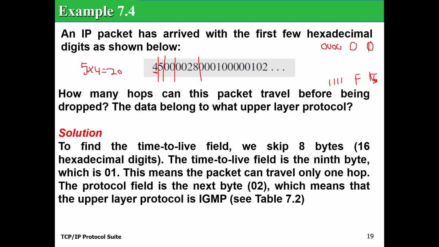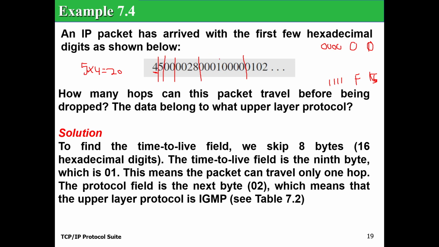Then after that, the next 32 bits are for what? So this is 8 plus 8, 16, plus 8 plus 8 up to here. So this is how many? Let me count: 1, 2, 3, 4, 5, 6, 7, 8. 8 times 4, how much? 32.